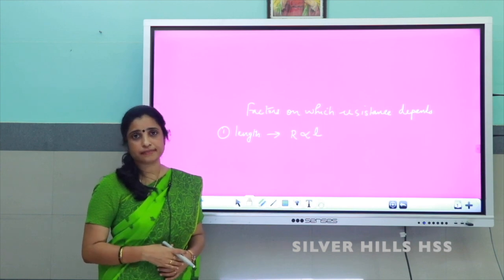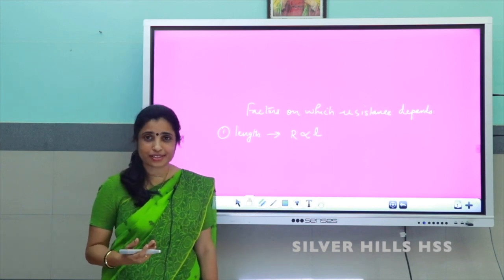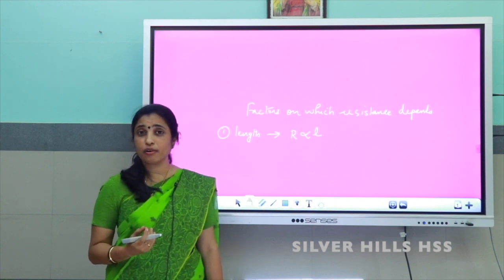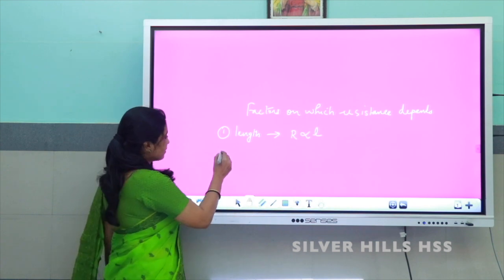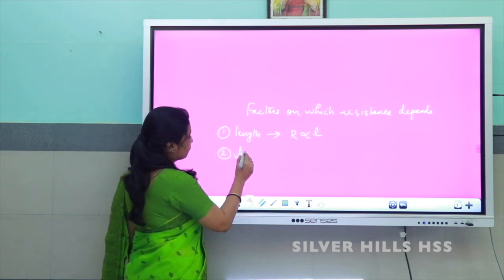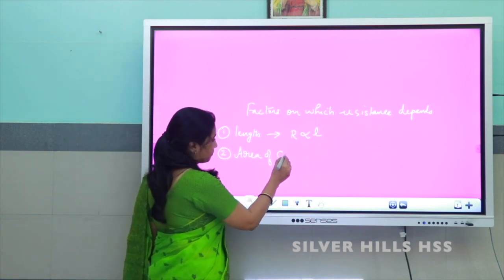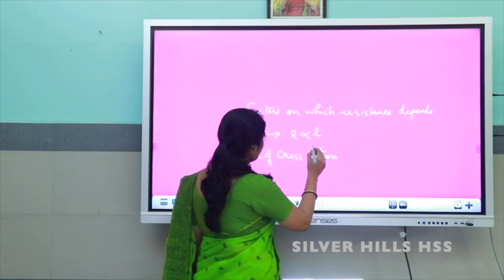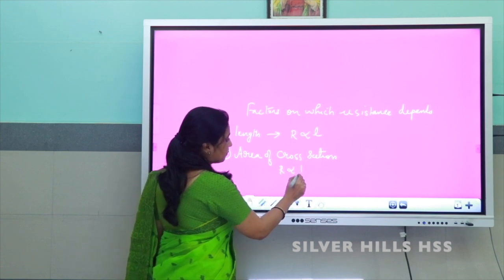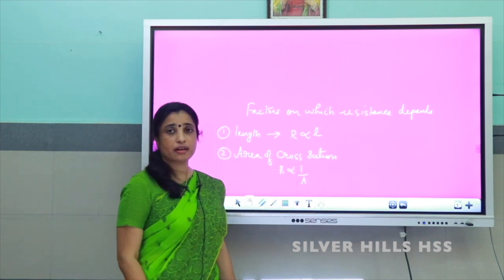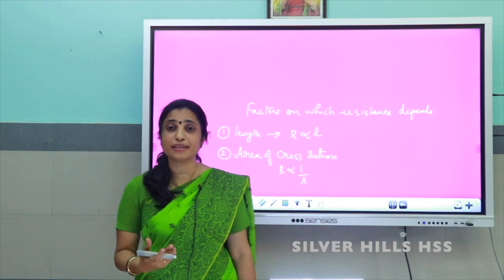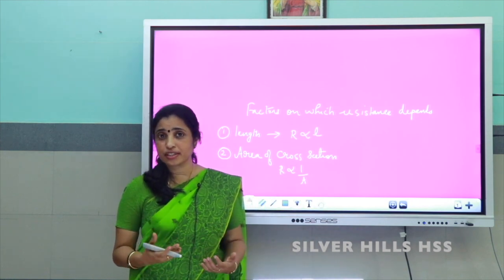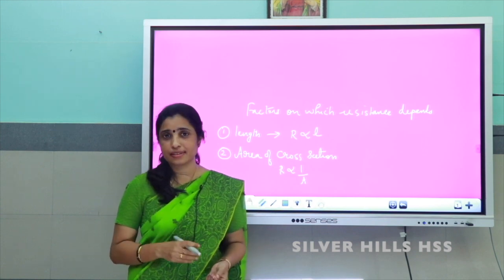The second factor is area of cross section. Resistance is inversely proportional to area of cross section. That is, as area of cross section increases, resistance decreases.